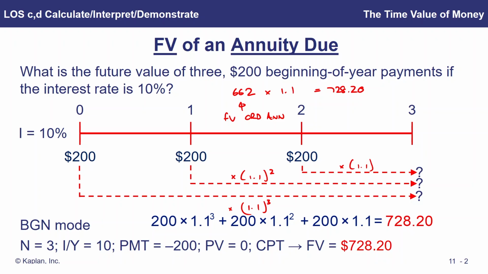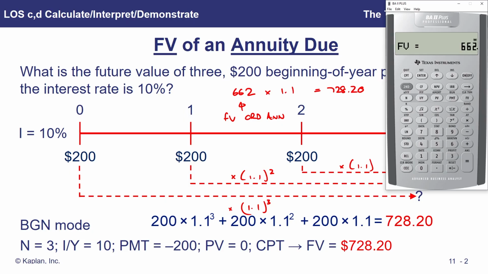Up to you. Now, what I would say is when using the BA2 Plus calculator, I would automatically switch it back to end mode immediately after doing any calculation like this, because one of the sneaky things that might happen in the exam, and it's not deliberate by the CFA, is you do a computation using begin mode, you then get a number of wordy questions in the exam where you don't need to compute.